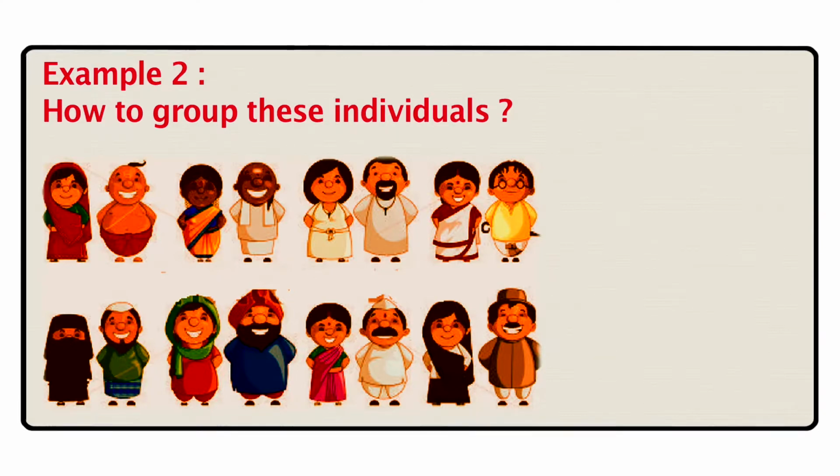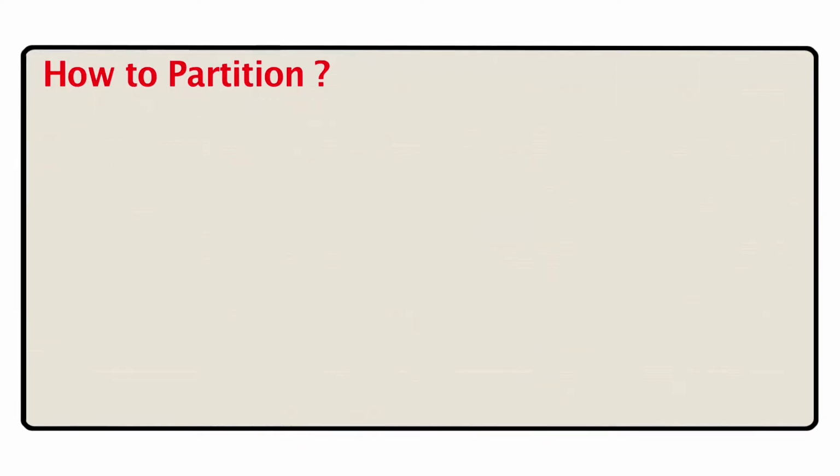So you can have different sort of combinations depending on some criteria. And this again would be what partitioning does. The question would be then how to partition the individuals given their distinct characteristics.